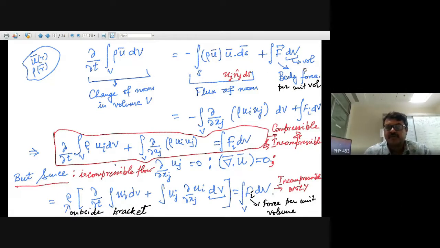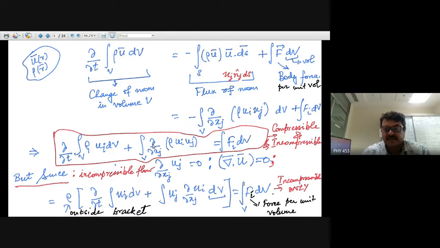So that's the body force per unit volume, and this in turn can be written as this, on taking the dot product you have nj uj, and if you convert it by Gauss's divergence theorem from a surface integral to a volume integral, then corresponding to this nj surface area, you will get a divergence of j into volume. So there should be a dv here, which I missed out.